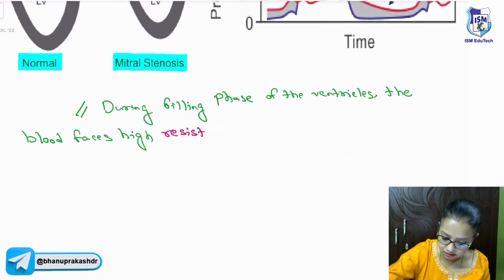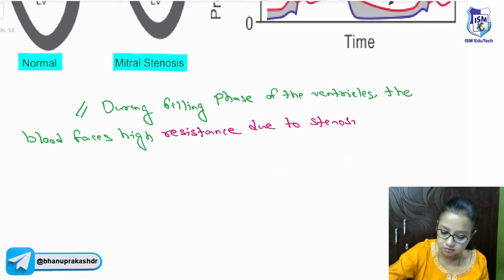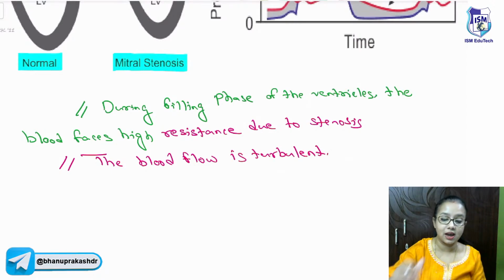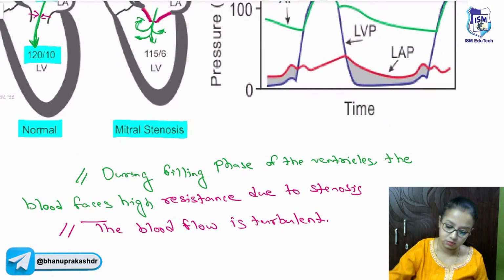High resistance due to stenosis. And the blood flow is turbulent because there is a narrow gap and the resistance is more.